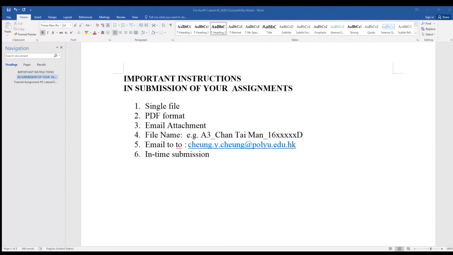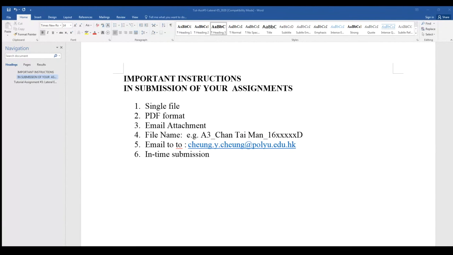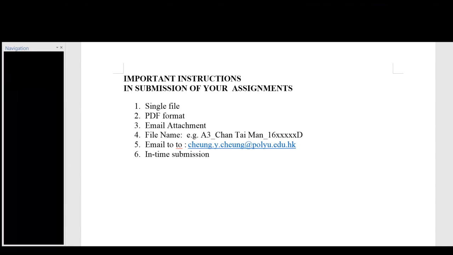Now, your submission should be in the form of a single file. Do not give me several images or put them inside your email message, right? I want a file only, in PDF format, and it should be attached to your email. Do not direct me to any SharePoint or any cloud, right?